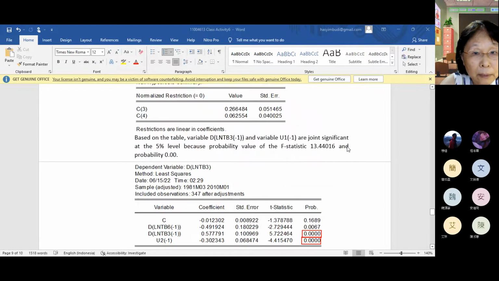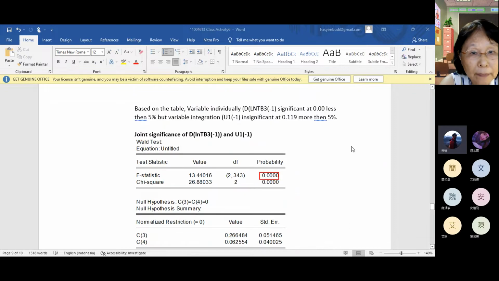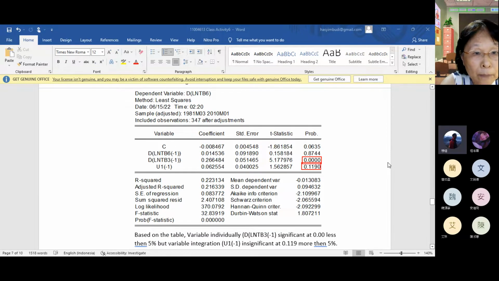You know, this one, the error correction term, is not significant. Yes. But the first lag of the difference of TB3 is significant. So we don't know whether both of them are jointly significant or not until you do the joint test for both of them.